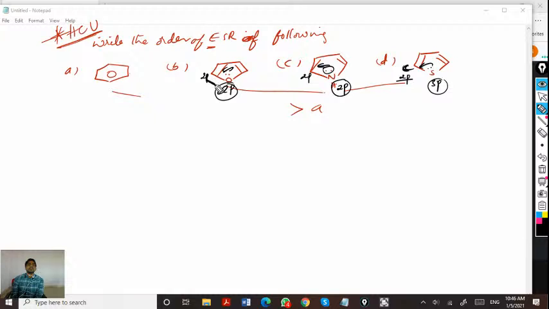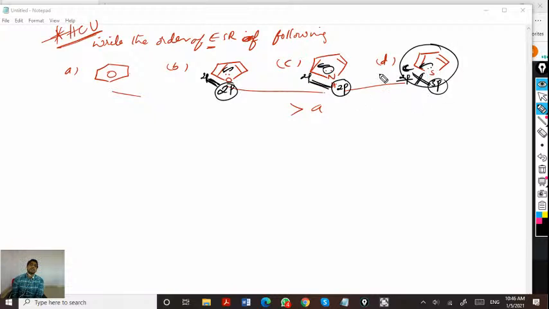So when it is 2p and 2p, there won't be an energy gap. So easy conjugation, easy overlapping. But when it's 2p and 3p, there will be difficulty in the overlapping. So among these three, this is going to donate less. When the two electrons are not involved in the conjugation efficiently, the electron density around the ring will be less.